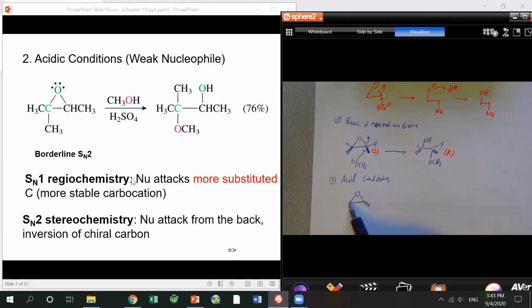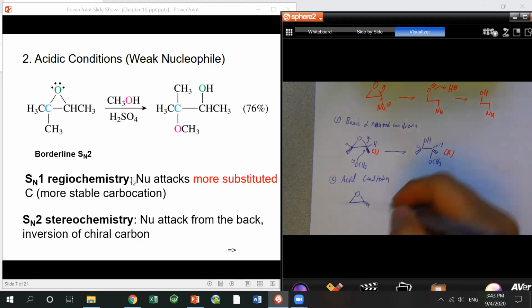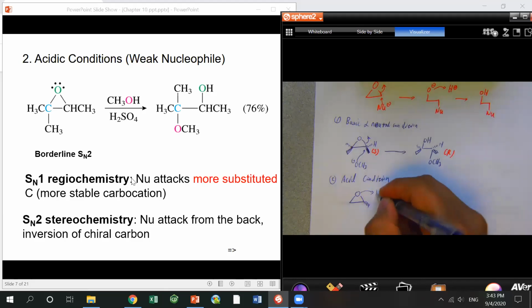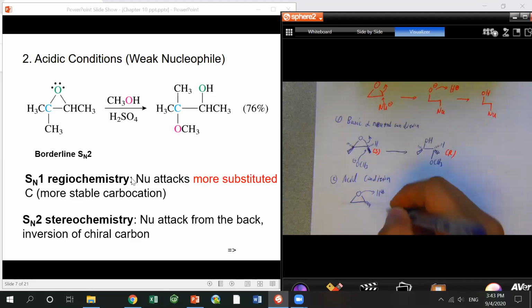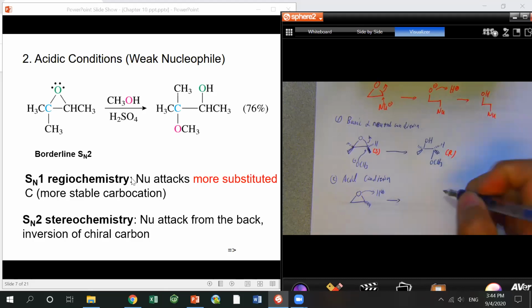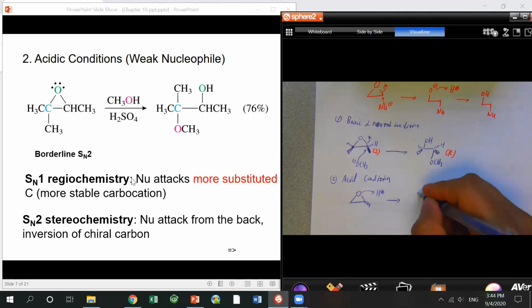One has no substituent, just two hydrogens. The other carbon has one methyl and one hydrogen. Then let's pick up the hydrogen, so that's the acid condition. Pick up the hydrogen first, and then you can generate two intermediates. Once you pick up a hydrogen, one is something like this.